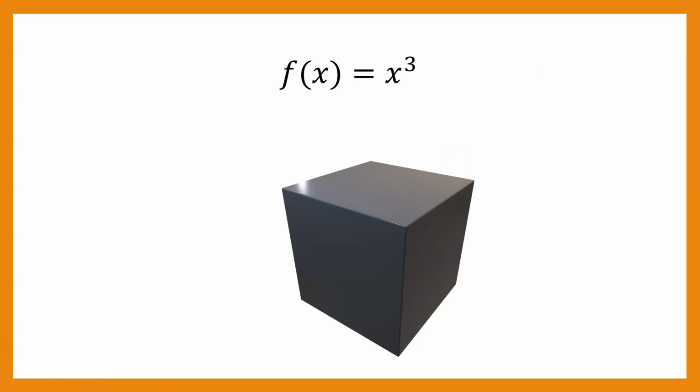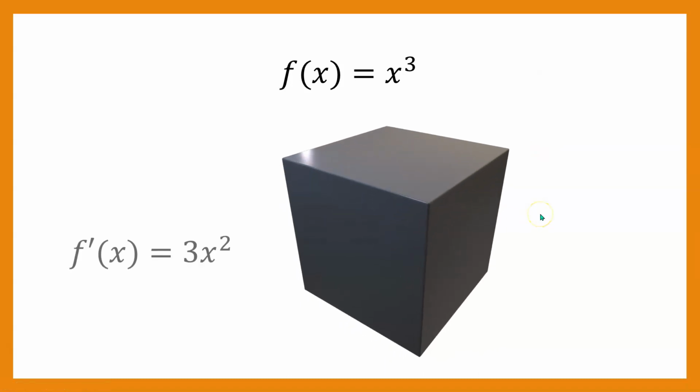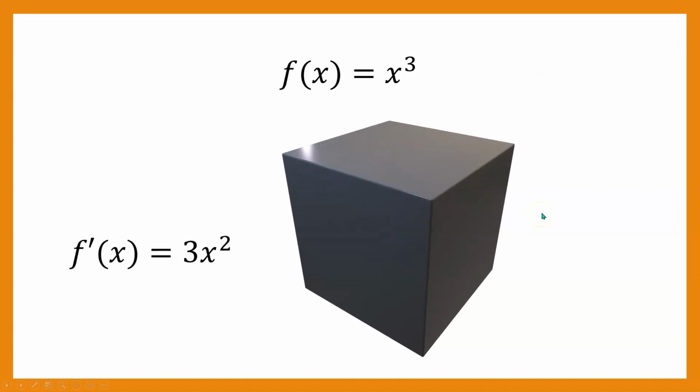So x cubed is the size or the volume of that cube. And think about how that changes if x changes. If you let x, the length of each side or edge, increase by a little bit, what happens to the size of the overall cube, the value of the function x cubed? Well, it's growing in each of 3 dimensions or directions.